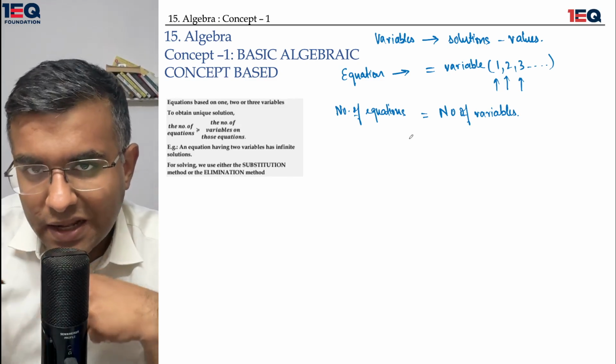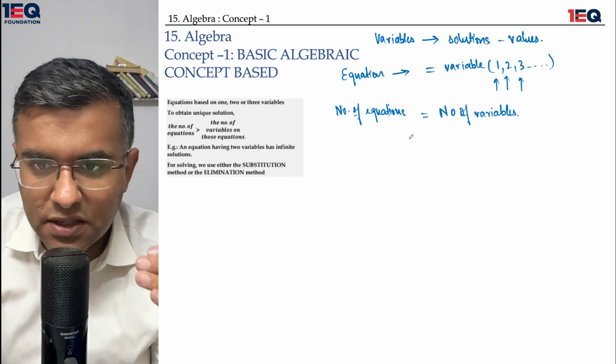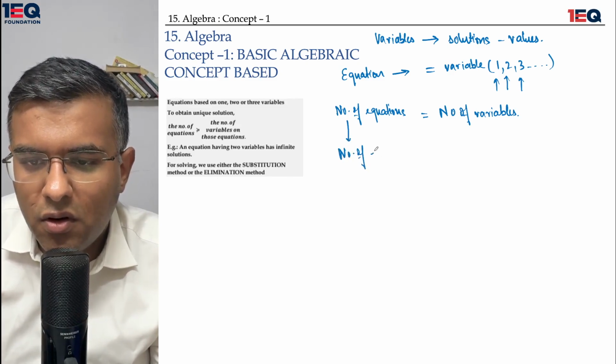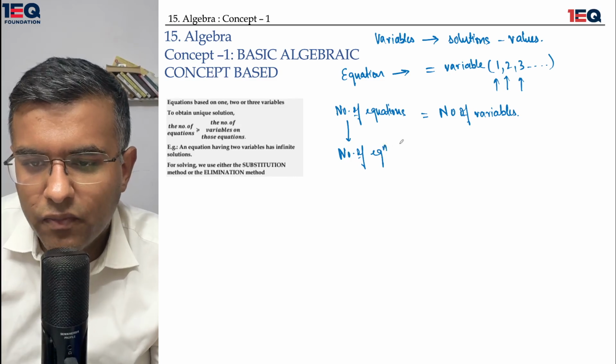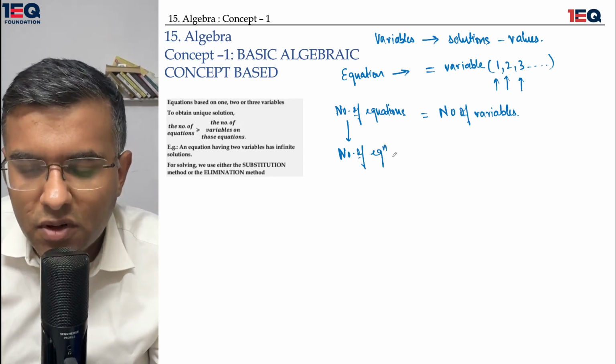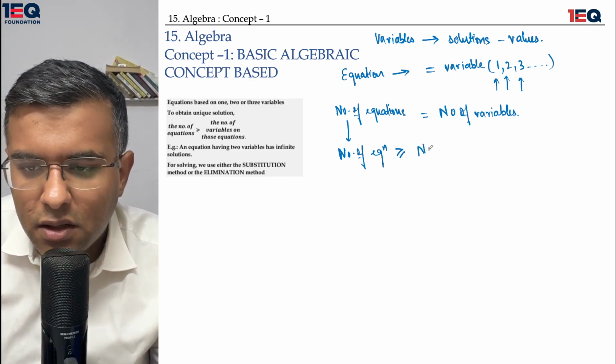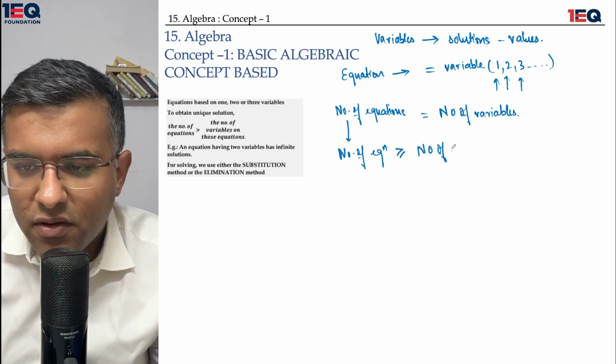There is another connect to it, an extended portion of it. There is a possibility that the number of equations is higher than the number of variables.